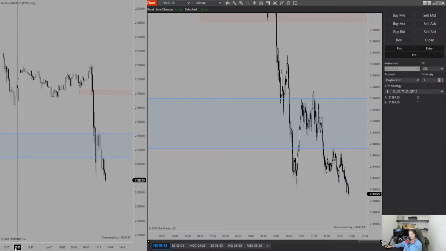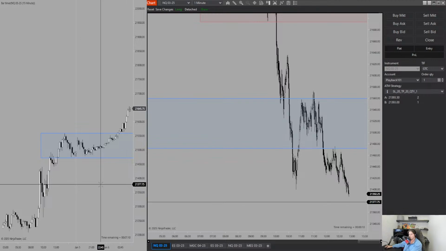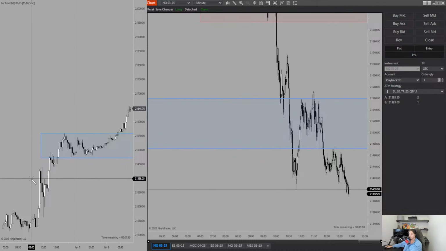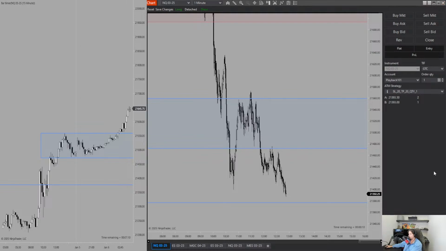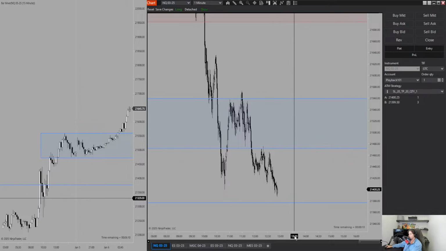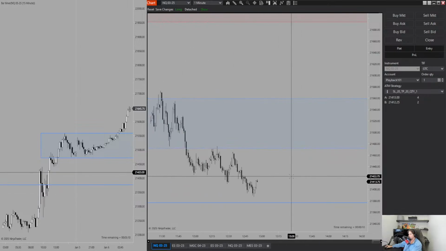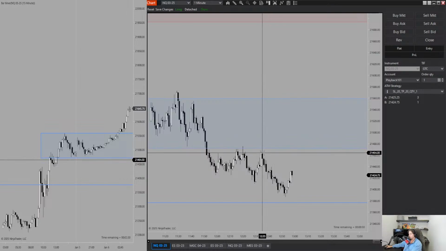Alright, we can maybe expect a long off of here. See how it trades. Alright, we're getting a little bit. We're gonna need to see this high taken out.